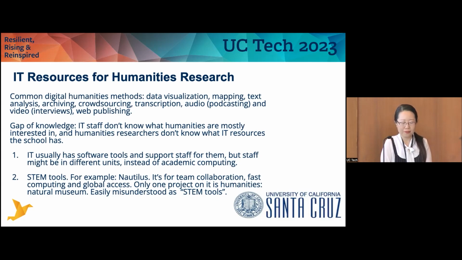But it was neglected. That's why we are here to present our projects. As you see, only one out of 500 projects on this platform is not for STEM. So it is easily misunderstood as a STEM research platform, but actually it's not.